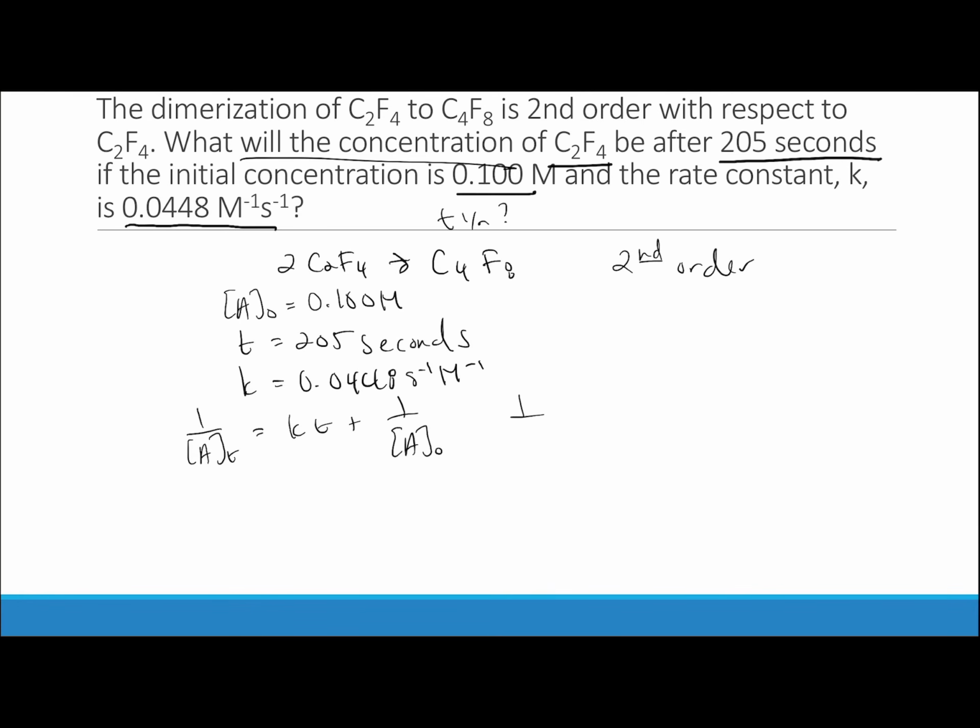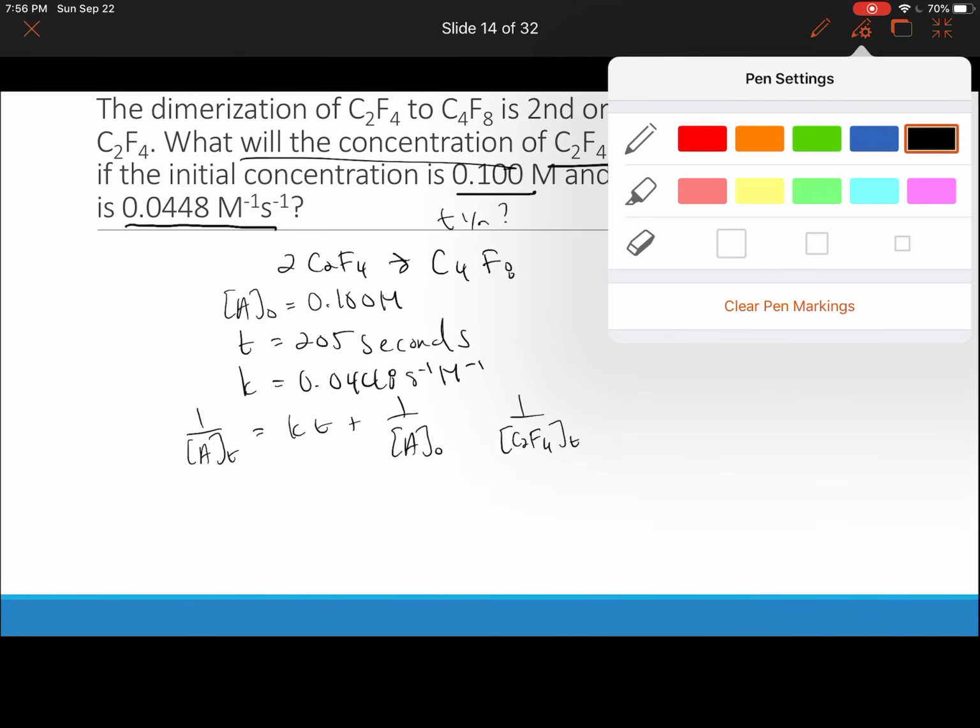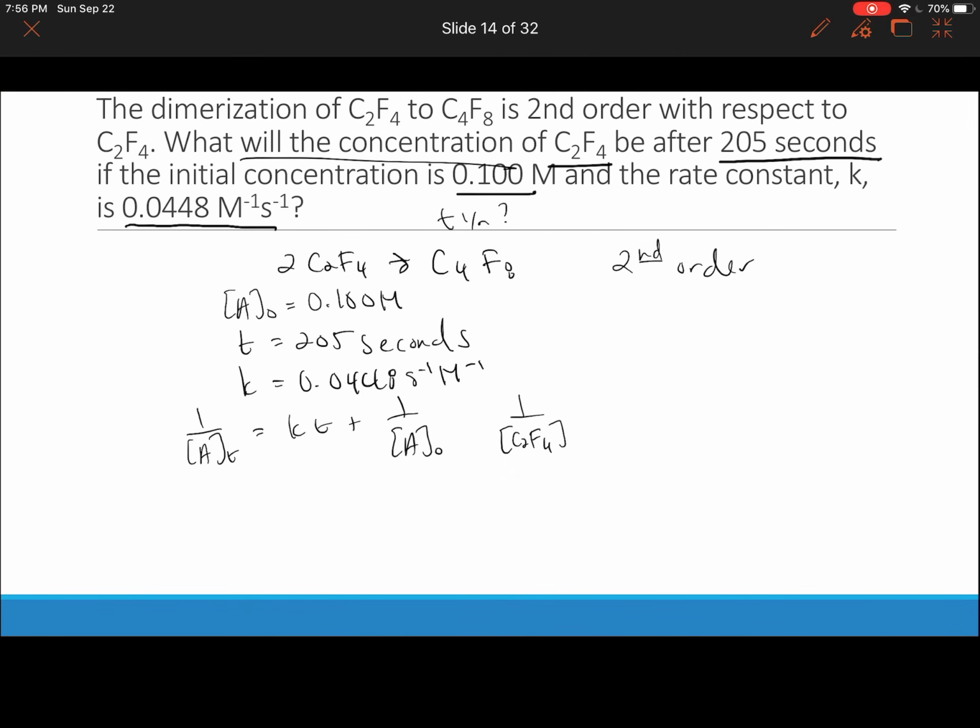In this case, it's 1 over C2F4 at, let's keep consistent, at 205 seconds is equal to our k value, 0.0448, times our time, 205 seconds, plus 1 over our initial concentration, 0.100 molar.